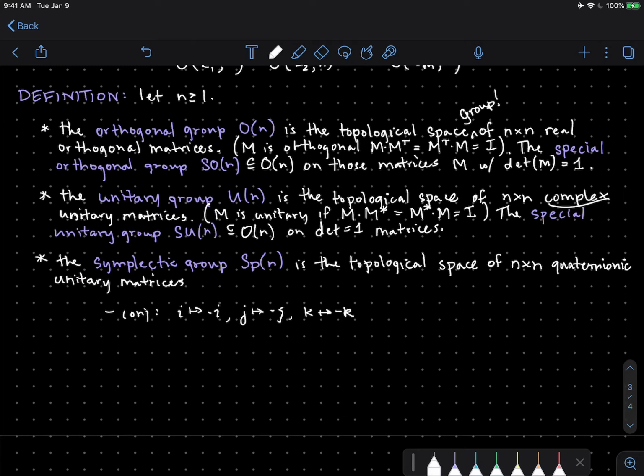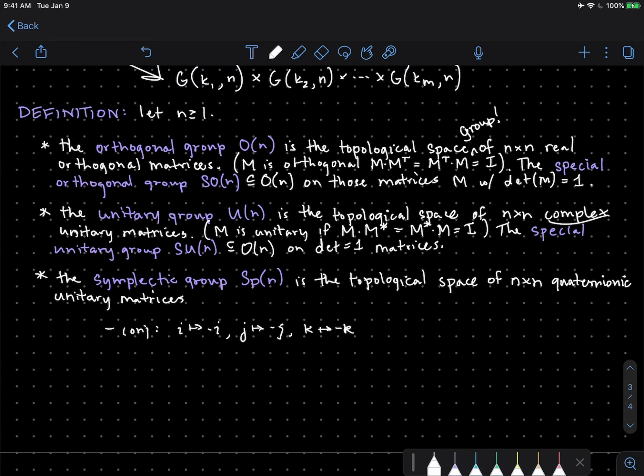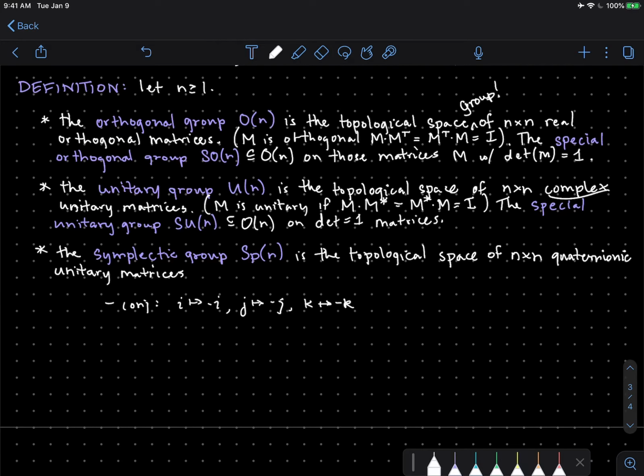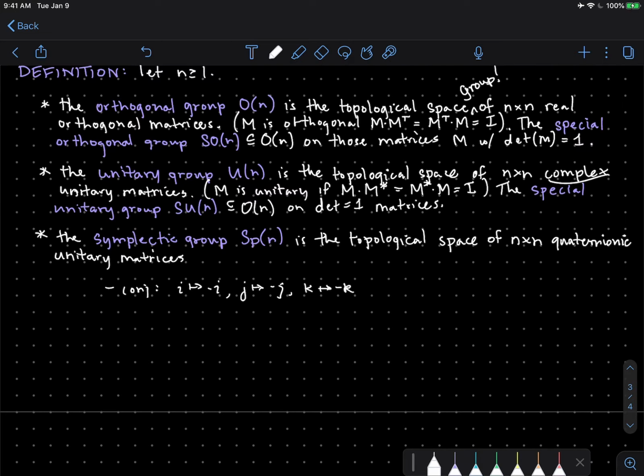So it's the same sort of thing. All right, so these are extremely important groups that will come back over and over and over again in many different contexts.